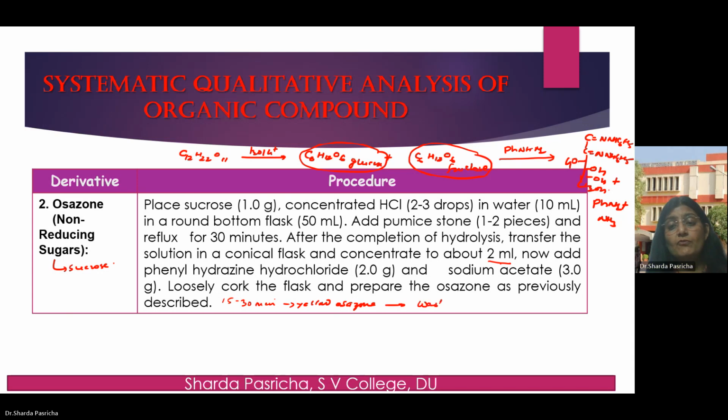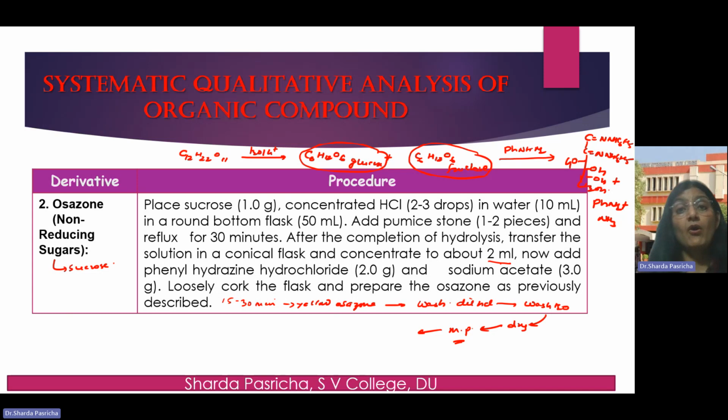Again, filter the precipitate, wash it first with very dilute HCl. You have dilute HCl solution in your laboratory. You can dilute it 3 to 4 times and wash it with very dilute HCl and then wash it with water and then dry. And then you can take the melting point of the resulting glucosazone or fructosazone to confirm the presence of sucrose in your molecule.